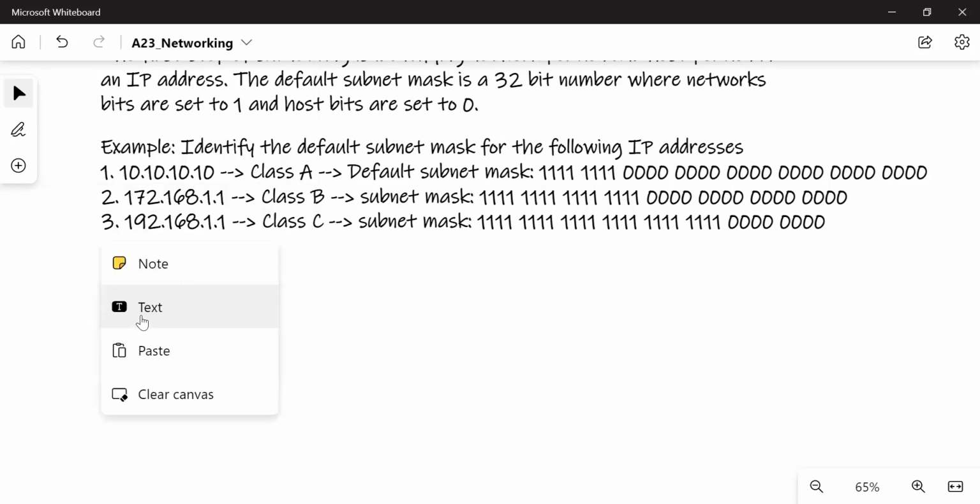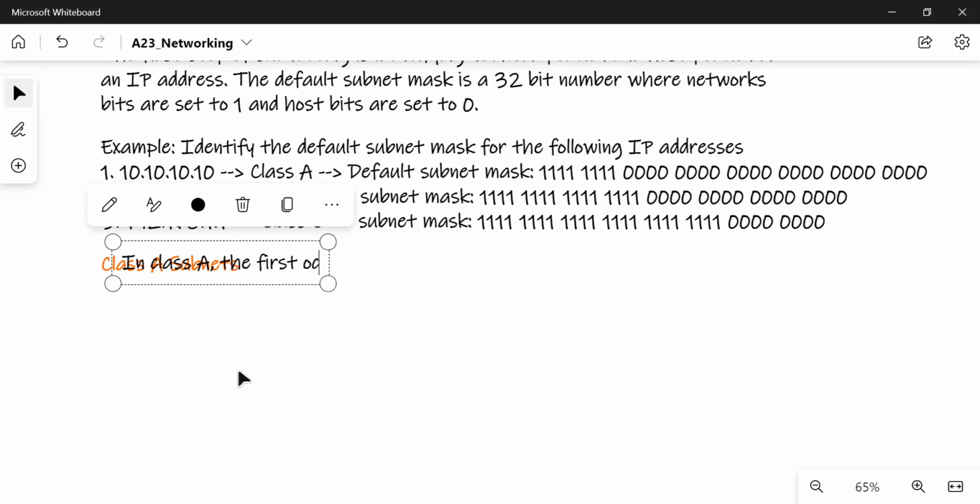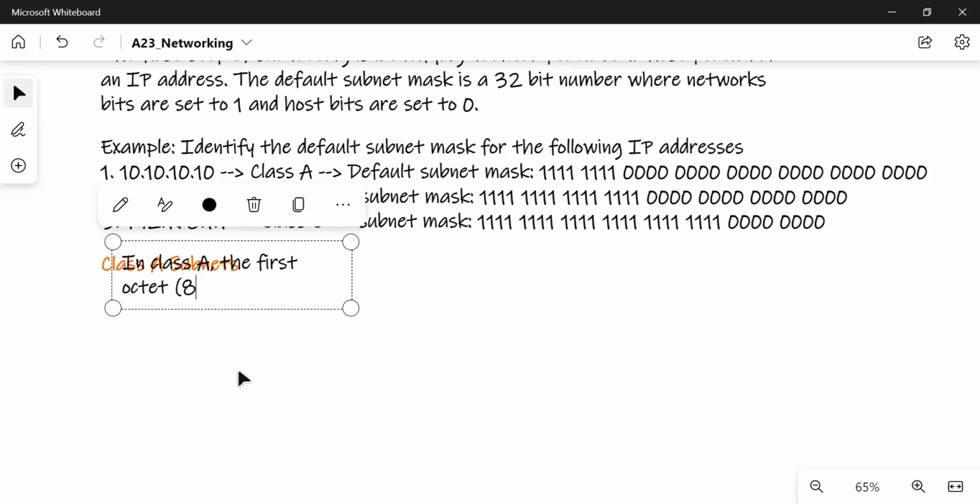So in class A, one thing we need to discuss. The first thing is we are using first 8 bits. We call first octet, right? In class A, the first octet. Now octet means 8 bits. Is used as network identifier. We know that already.